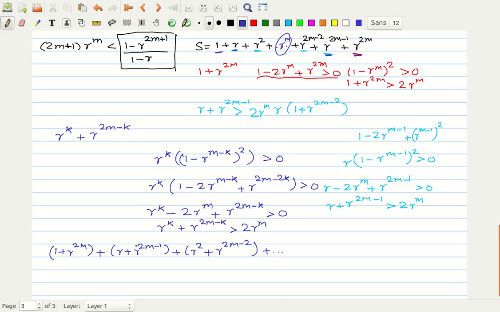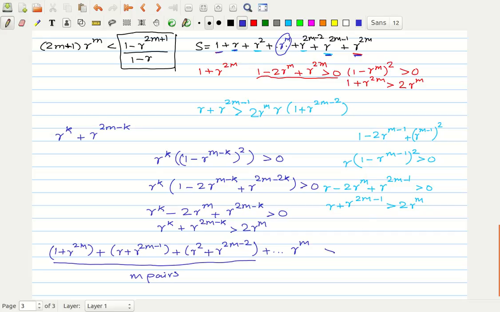There will be m pairs like this, and in the end you will be left with r to the power m, because this r to the power m cannot be paired up.